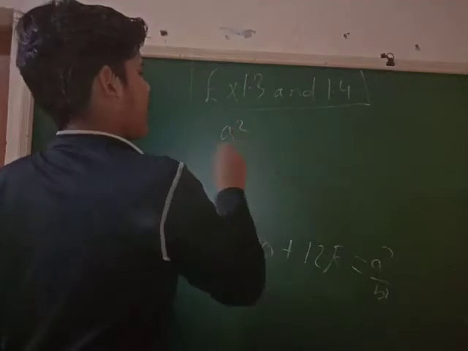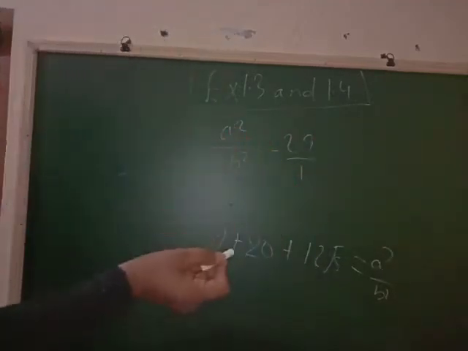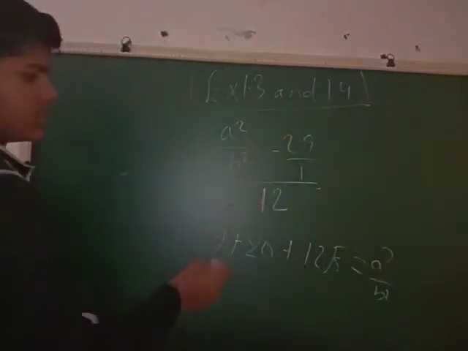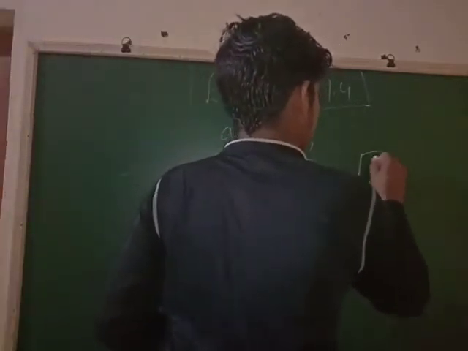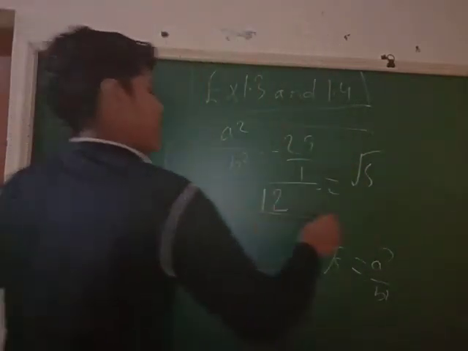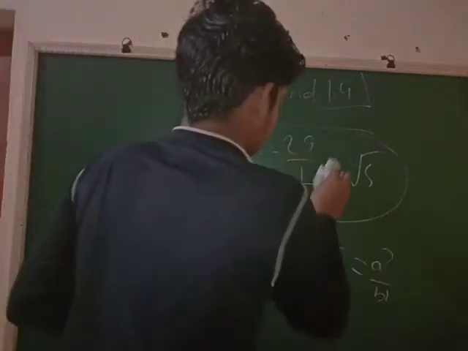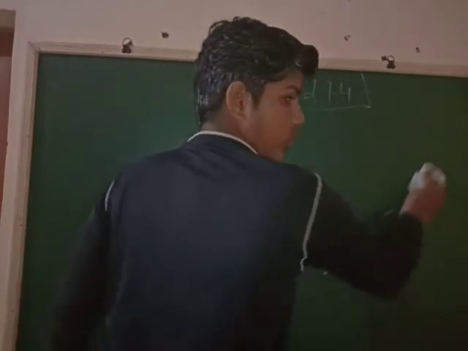Then it became a square by b square minus 29 upon 1, divided by 12. Then root 5 is equal to this number. Then this number, irrational number equal to rational number. Hence proved this is also an irrational number. Now you can solve the third question.